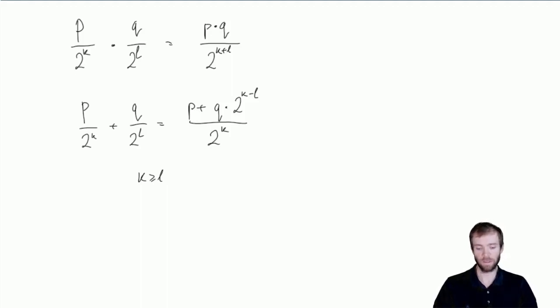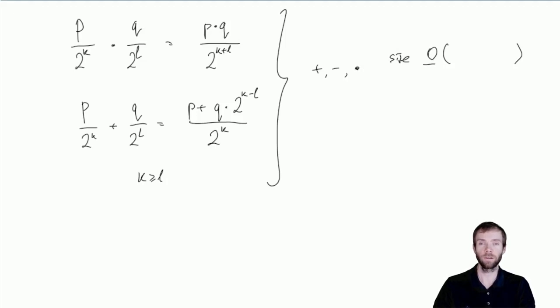and size. So for all such numbers, we have addition, subtraction, and multiplication with size which is big O of the square of the binary representation of these numbers.